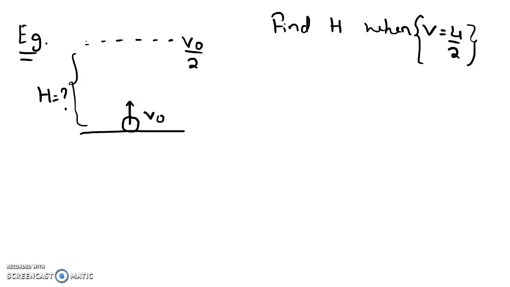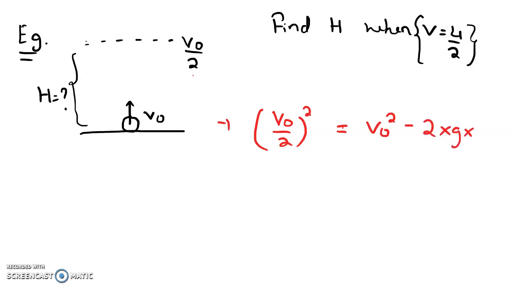So this is the easiest one. I think you can solve it by yourself. This is the final velocity, this is the initial velocity. I just need to apply the third equation of motion: v square equals u square minus 2gh, and I need to find h. So it is v0 square by 4 equals v0 square minus 2gh.